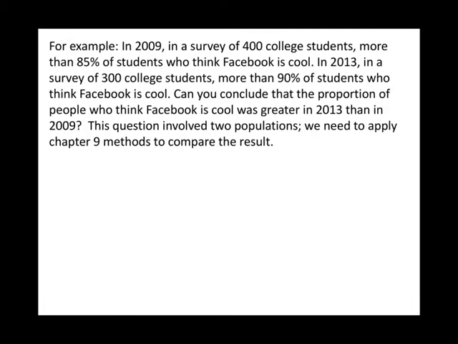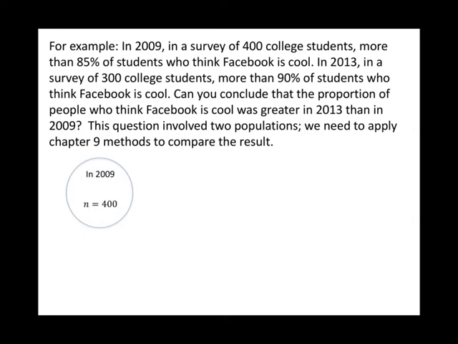Look at this example. In 2009, I have the first population: in a survey of 400 college students, so I know that my sample size will be equal to 400, more than 85% of the students think Facebook is cool. So the 85% is talking about the 400 sample size in here.